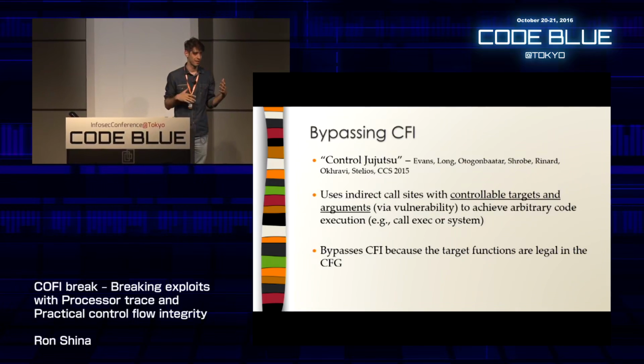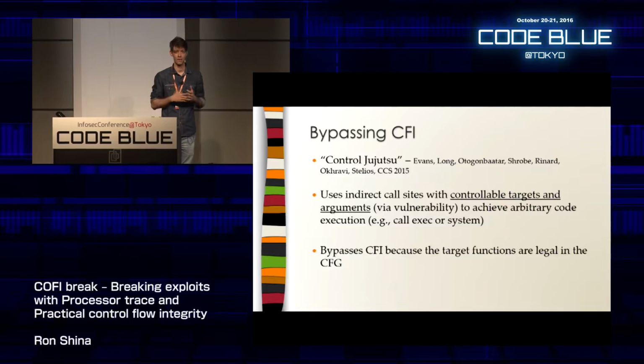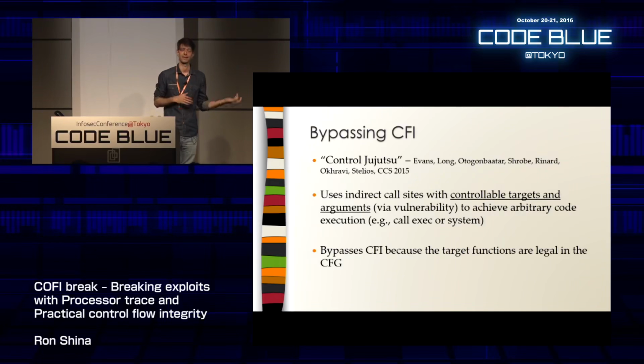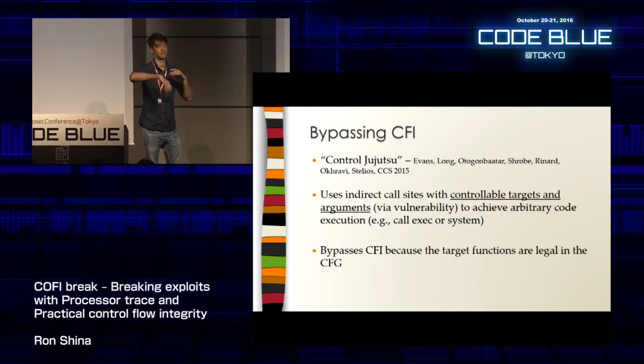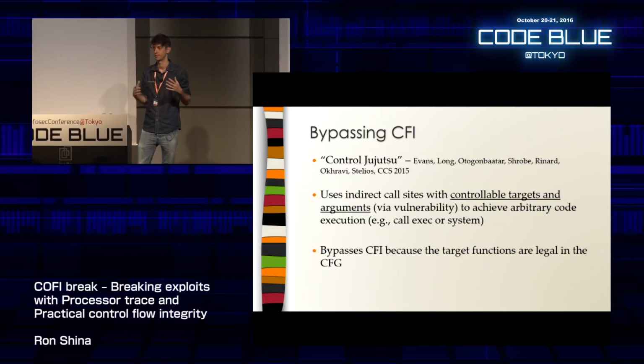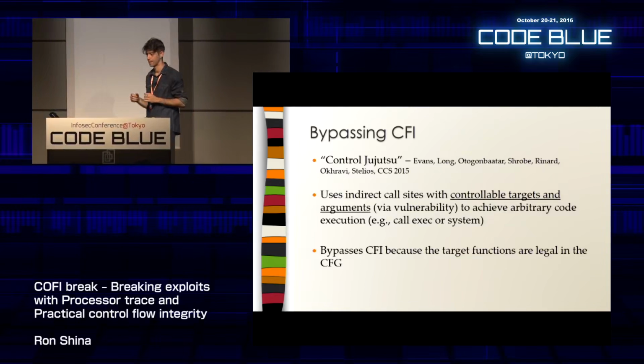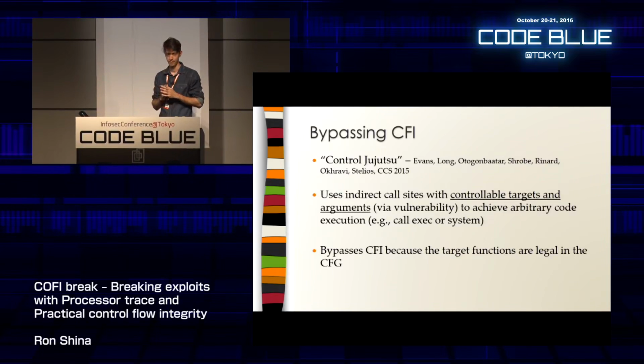It turns out that the control flow graph usually will enable you to rather easily have a path to dangerous functions, say like exec or system. If you control the arguments to a function that calls a function that calls exec or system, many times that would be enough to circumvent it. And the important part is you're not violating control flow integrity because you're just using the regular control flow graph.